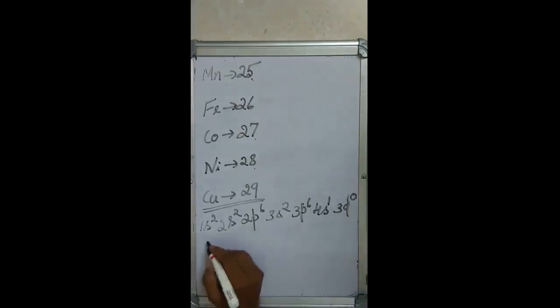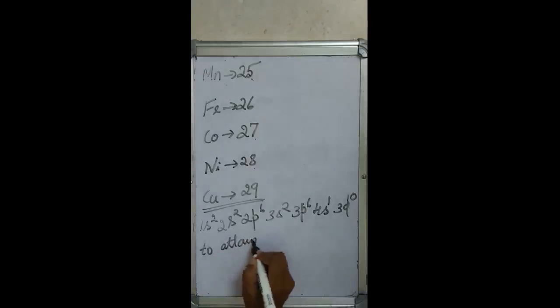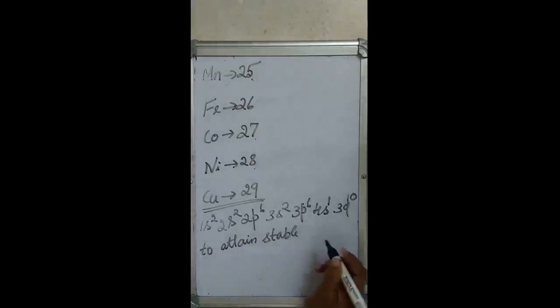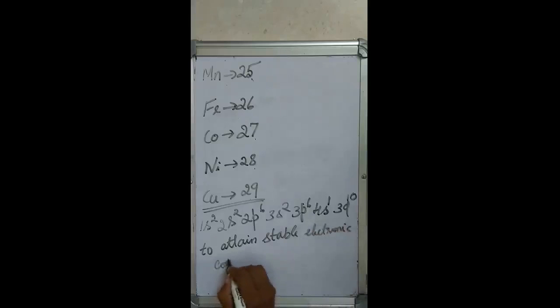Why will it do like this? To attain stable electronic configuration. Which is the stable electronic configuration?